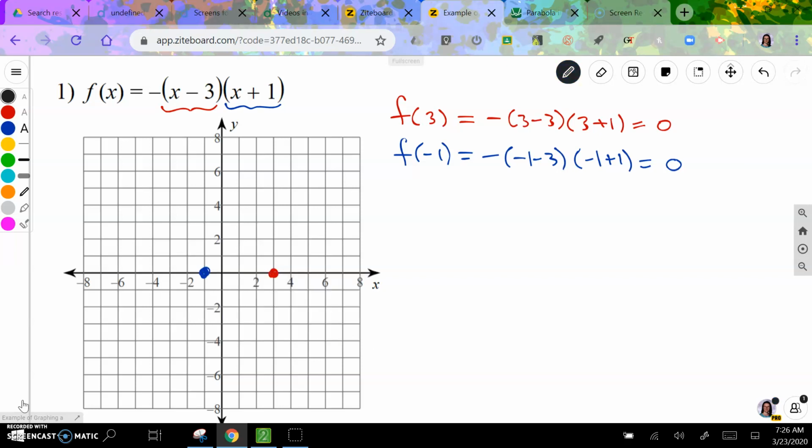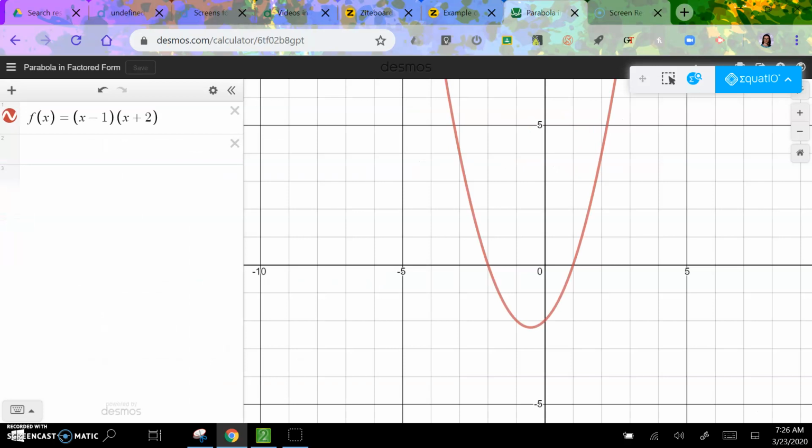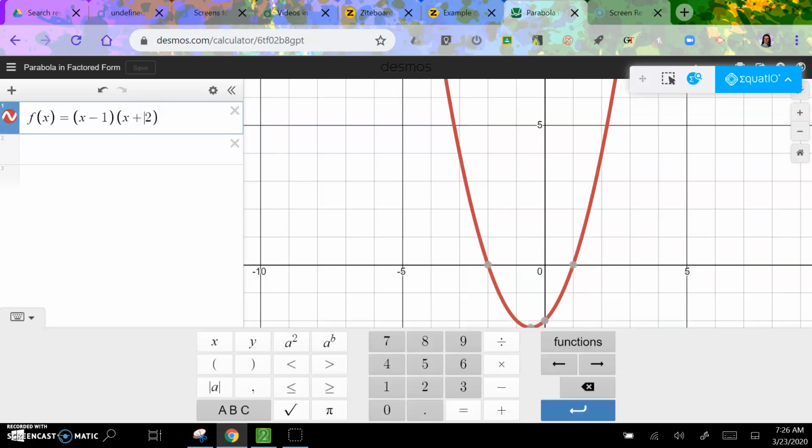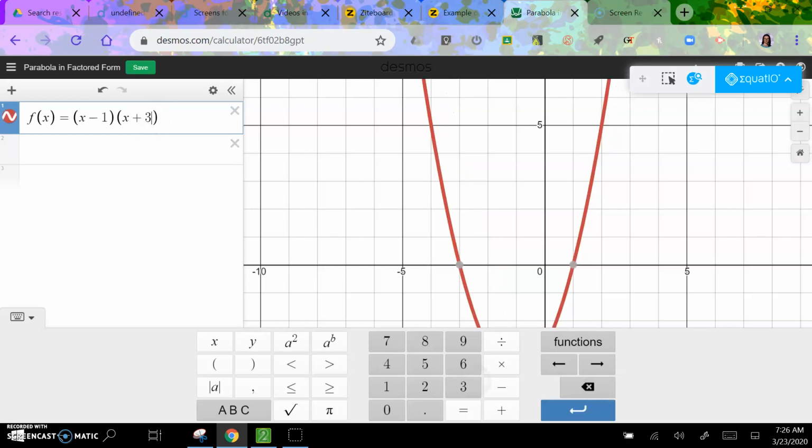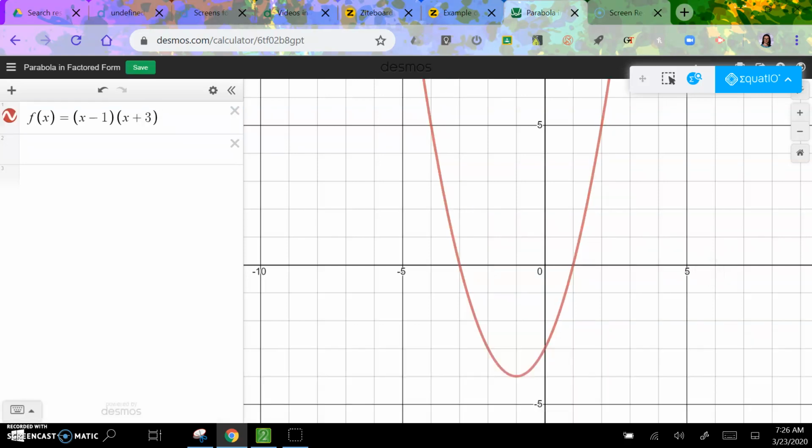One thing that we hopefully noticed about parabolas, I'm going to come back here for a second in my Desmos graph. I'm going to change this so that it's a little nicer, let's change that to 3, so that our axis of symmetry is a little more obvious.